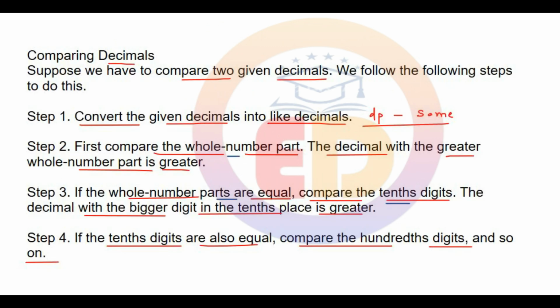Now, we have seen an example of comparing the decimal numbers using the whole number part, using the tenth part, and now let us take an example to understand what to do if the tenths place is also same.